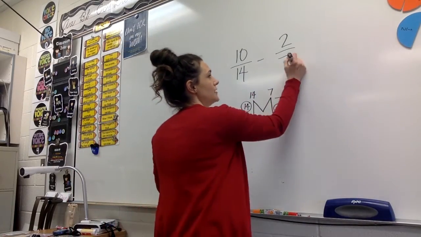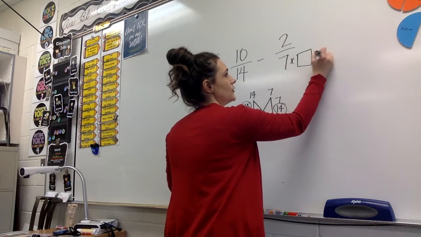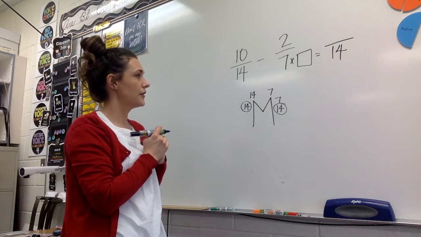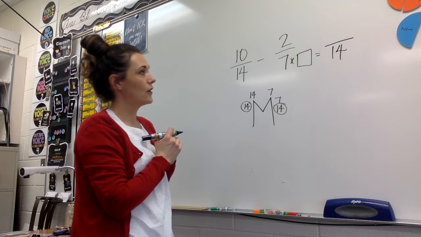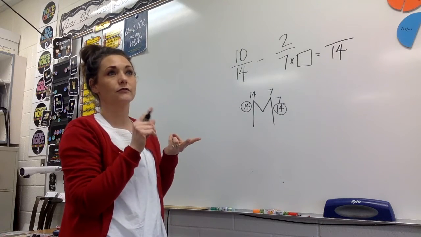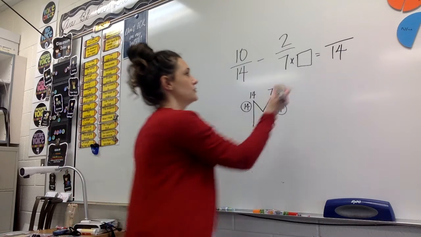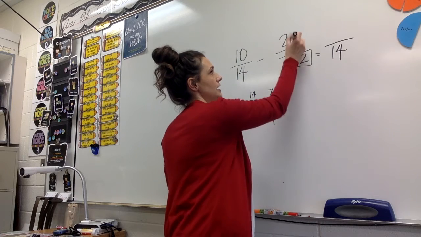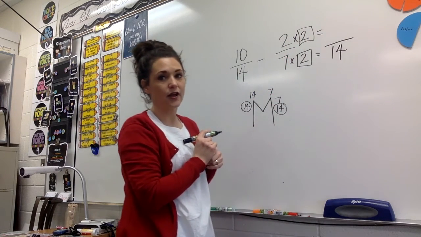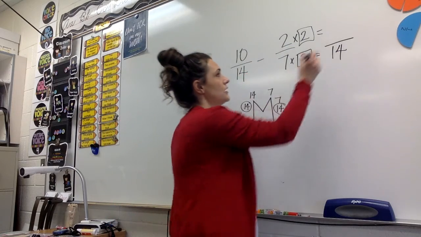So 7 times something is going to change to my 14 denominator. What could that be? Let's count by 7s. 7, 14. 2 times. So 2 times 7 is 14. And whatever I do to the bottom, I have to do the same thing to the top. So 2 times 2 is 4.